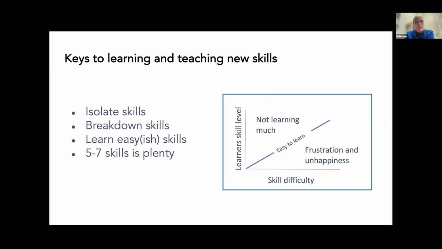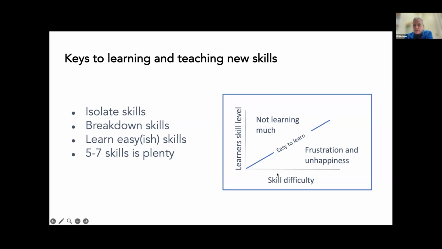So speaking of teaching skills, this diagram to me is the most important thing I think about while I'm designing any kind of learning experience. A notebook, let's say a Jupyter notebook I'm creating, is a learning experience. And it's this diagram right here.